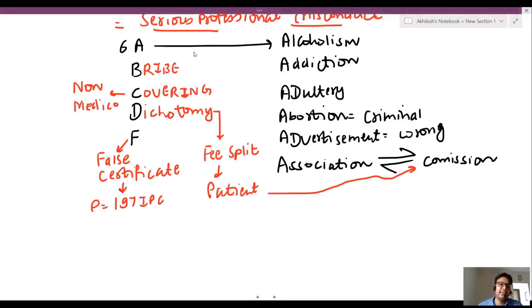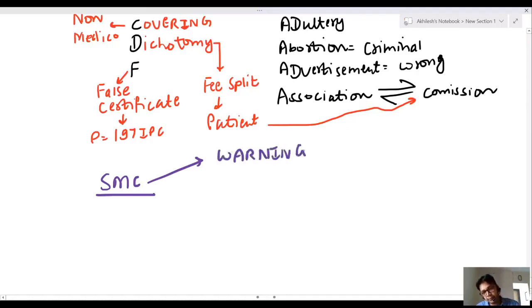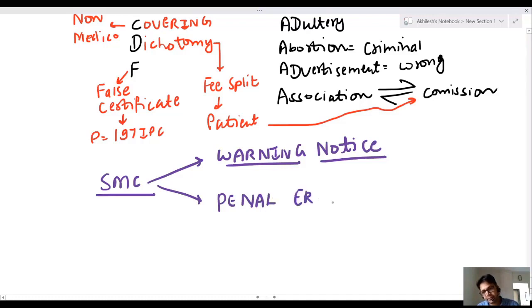Dr. Sahab, in these cases, State Medical Council, if it is not severe, will give you a warning notice. State Medical Council either will give you a warning notice, or sir, if it is very severe, State Medical Council can erase your name.